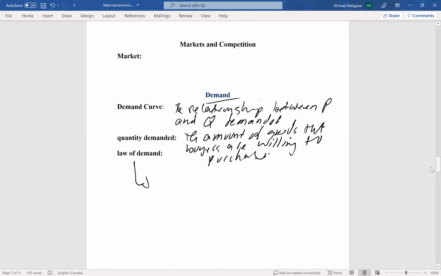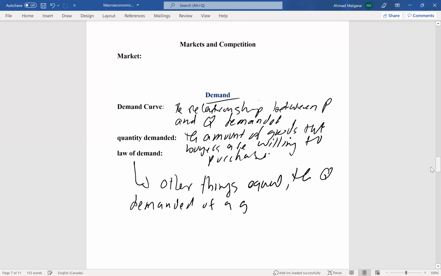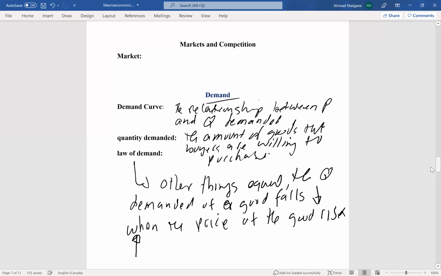The law of demand claims that, other things equal, the quantity demanded of a good falls when the price of the good rises. Usually I put an arrow down for the quantity demanded falling, and when the price of the good rises, usually I put an arrow up.